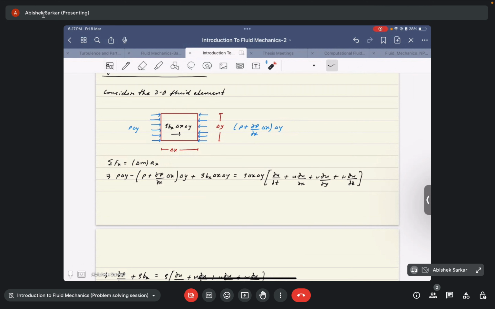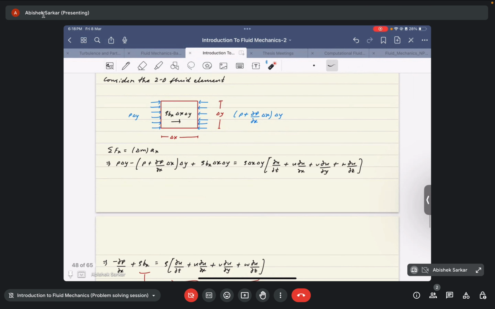If you were to measure the net force that acts along the y direction, then the area would be delta x into 1. So that's the concept. Then for forces along the x direction, we do the net force balance and write the governing equation here.